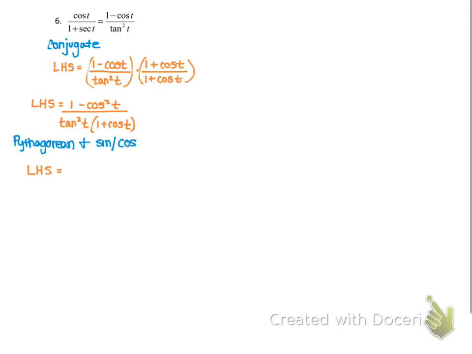So my left-hand side is going to equal 1 minus cosine squared, which is sine squared, all over, and then I'm going to change tangent squared into sine squared over cosine squared times 1 plus cosine of t.